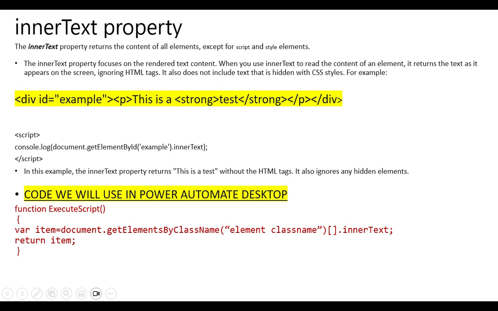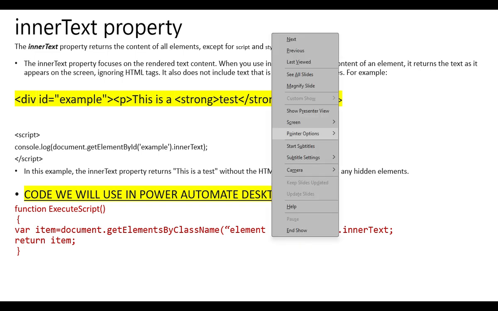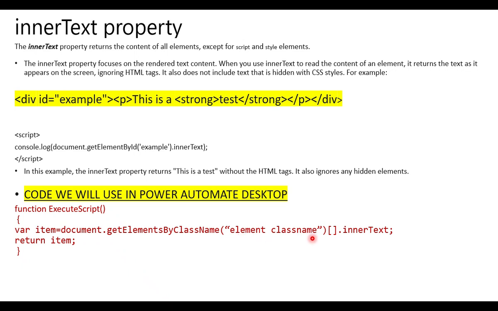This is the code we will be using in our demo. We use this to initialize a function and give it a function name; we can give any name. Then we declare a variable and use the command document.getElementsByClassName, where we pass the class name from our web page. Here we have to pass the index.